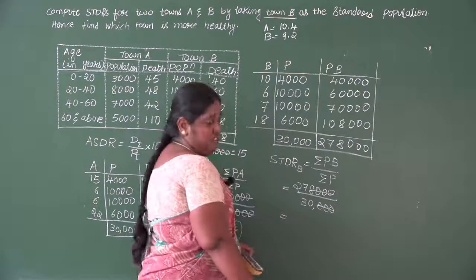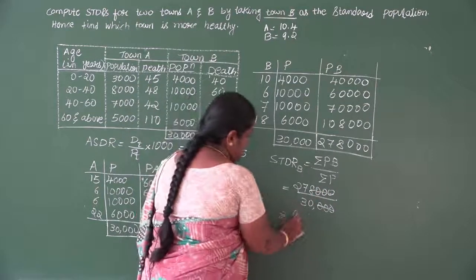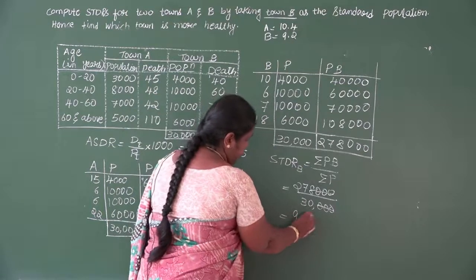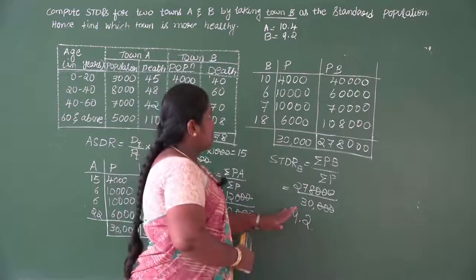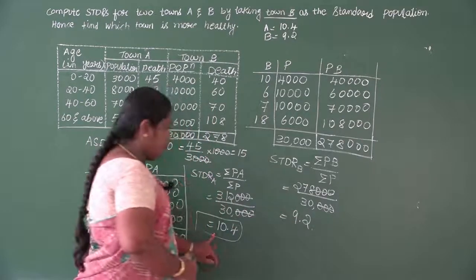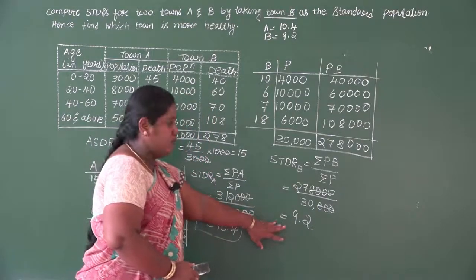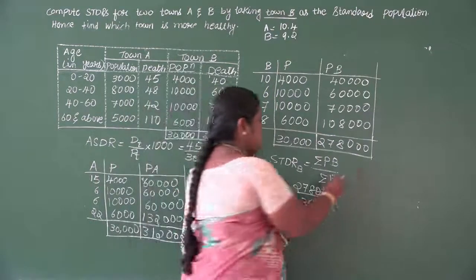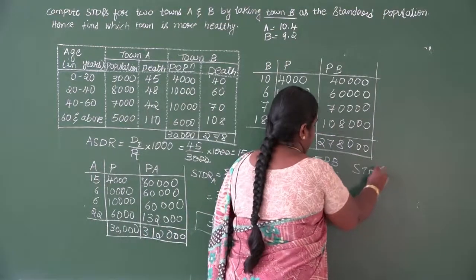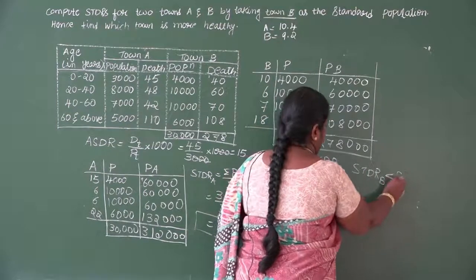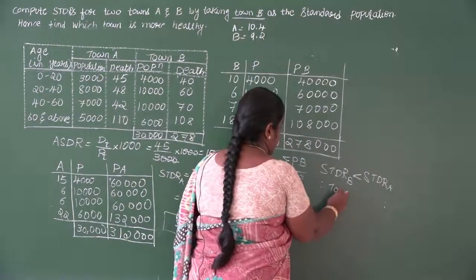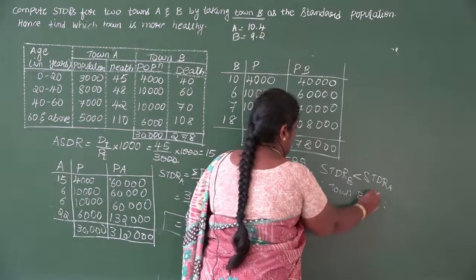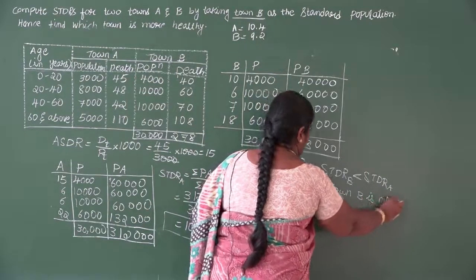So it is 278 divided by 30, which is 9.2. Then you have to compare it. So here it is 10.4 and 9.2. So 9.2 is lesser. So STDR of B is less than STDR of A. Therefore, town B is more healthier when compared to town A.